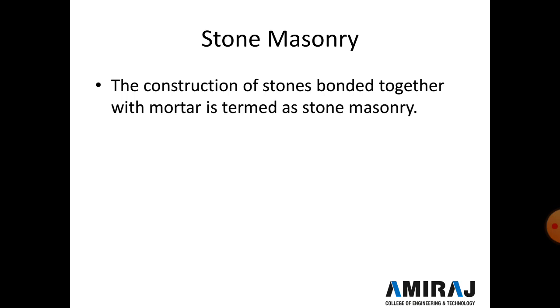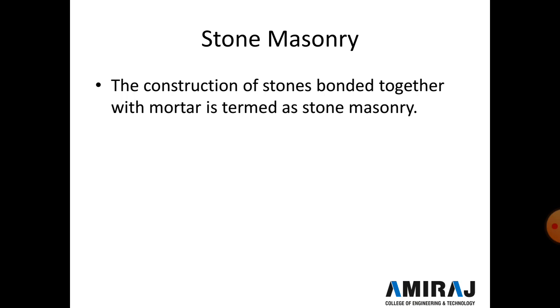Stones are available in abundance in nature, and on cutting and dressing into proper shape they provide an economical material for the construction of various building components such as wall, column, footing, arch, lintel, beam, etc. For example, in the Rajasthan area stone is easily available at low cost.